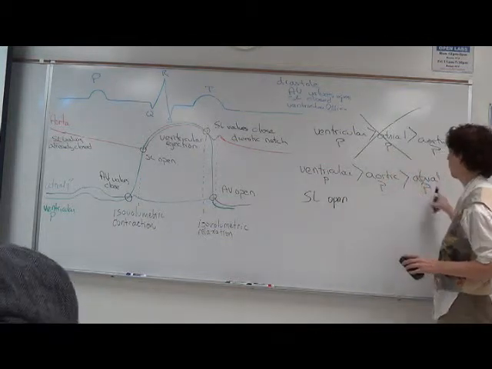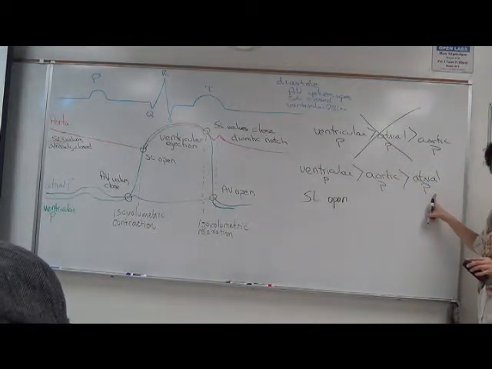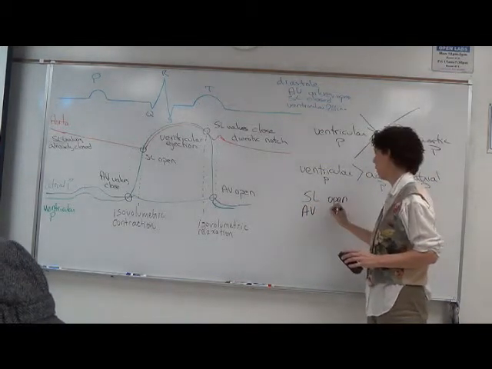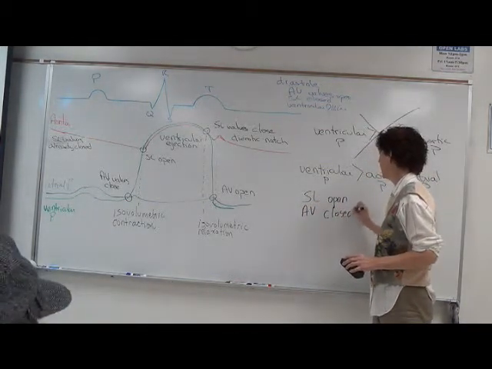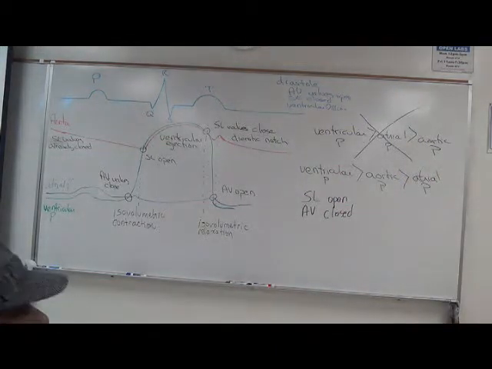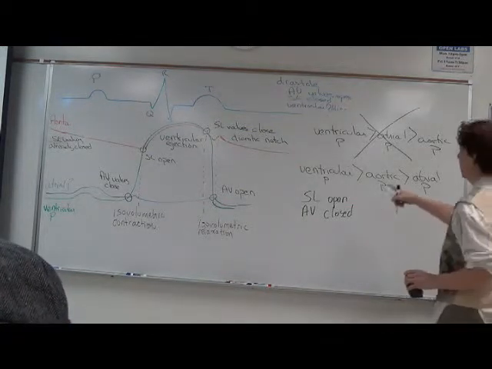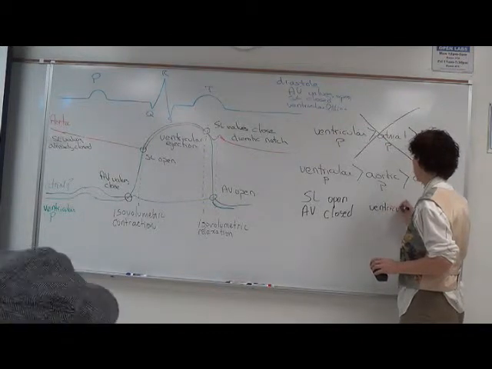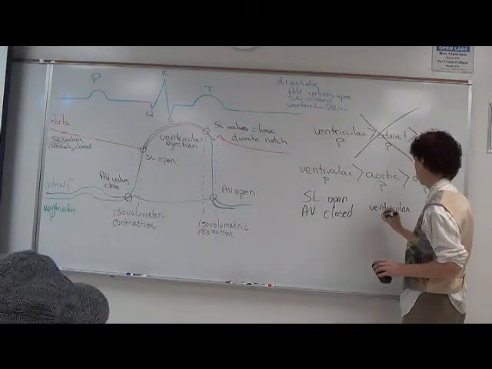If ventricular pressure is greater than atrial pressure, AV valves would be closed. Okay, so what's the situation when this happens? Ventricular ejection. All right, AV valves are closed, semilunar valves are open. Blood is leaving the ventricles and moving into the aorta and pulmonary artery.